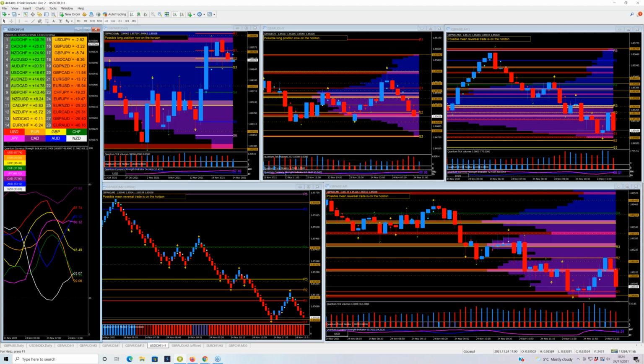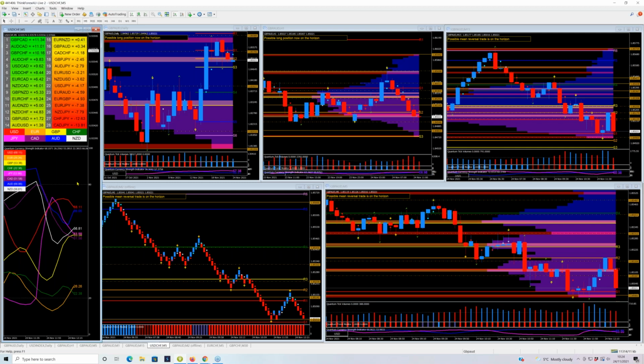Ideally, we want to see both these lines at very sharp angles, because we know there is an equal force driving the currencies. There's an equal force driving the Aussie higher and an equal force driving the pound lower. And if we look at the 5-minute chart, we can see why.